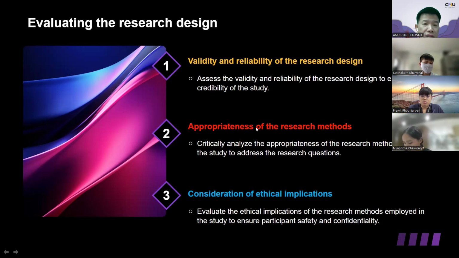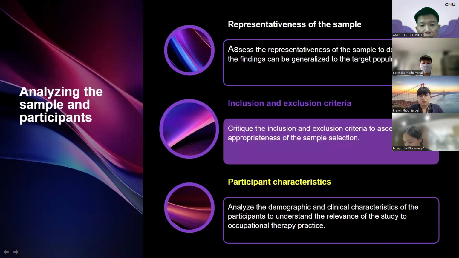We also make sure the data is safe in your computer. If you use a picture in your research article, you need to use a red card, or blur the picture so the client or participant is not identifiable.